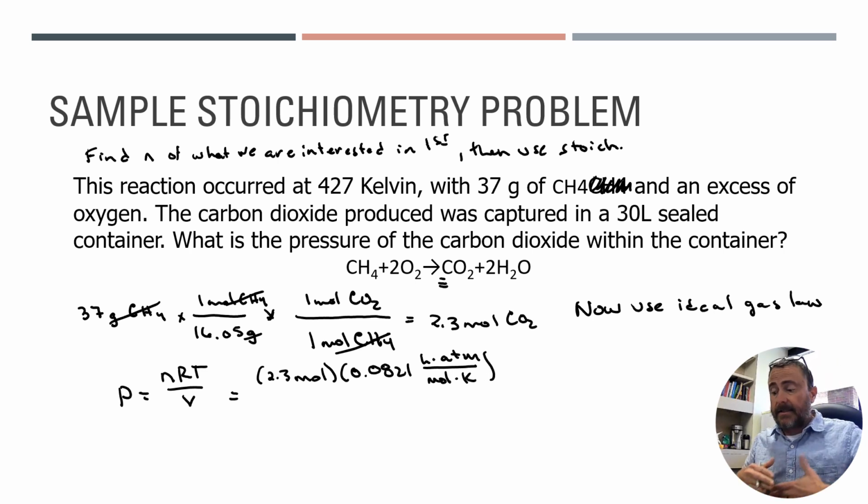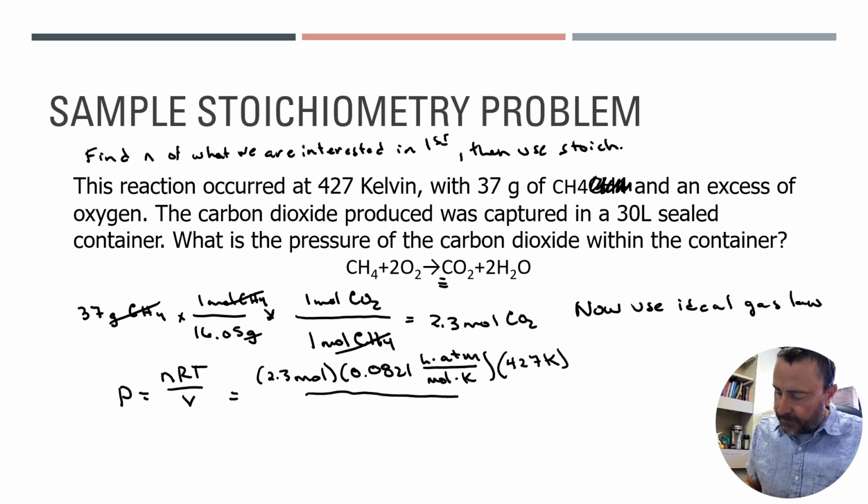Notice that the gas constant has all of the right units. So if you are working through a problem and you forget what units you need things to be in, it's right there in the ideal gas law constant. Our temperature is in Kelvin, 427 Kelvin. We're going to divide that by our volume, 30 liters.